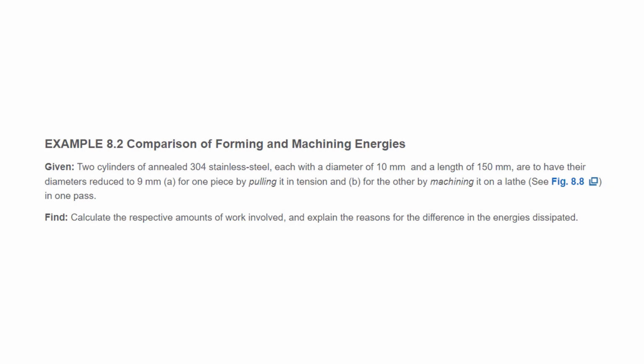The specific energy can be obtained from the table, and the volume is the volume change. So this is U. How do we calculate this U?